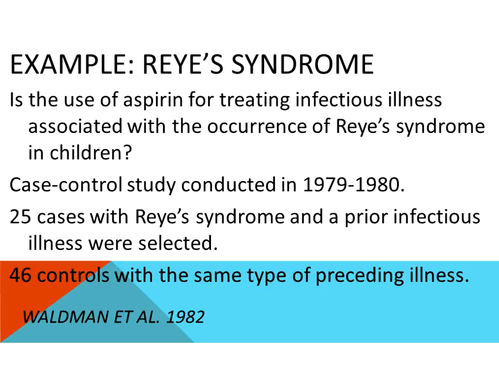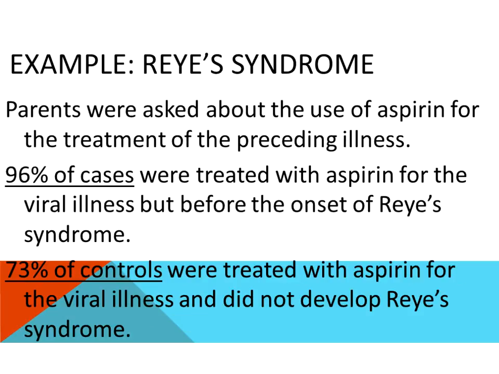Now we want to go back and take a look at our risk factor, being whether the children took aspirin or not. So the parents were asked about aspirin use for the treatment of these illnesses. In 96% of the cases who developed Reye's syndrome were treated with aspirin, and only 76% of the controls were treated with aspirin but did not develop Reye's syndrome.